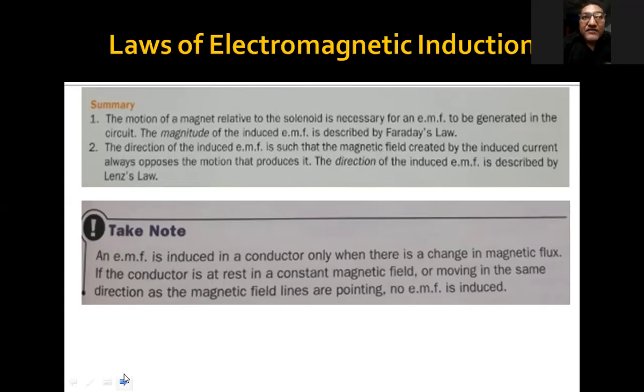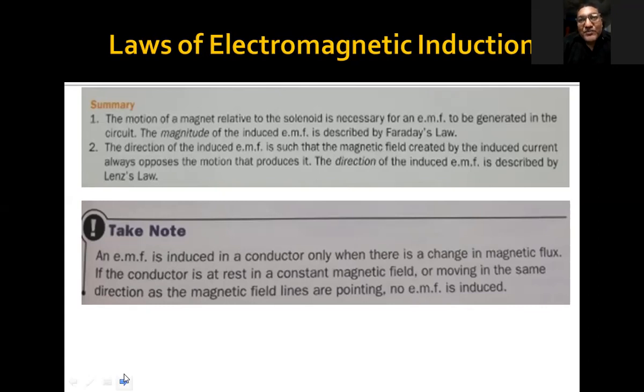The EMF is induced in a conductor only when there is a change in magnetic flux. If the conductor is at rest in a constant magnetic field or moving in the same direction as the magnetic field lines are pointing, no EMF is induced.